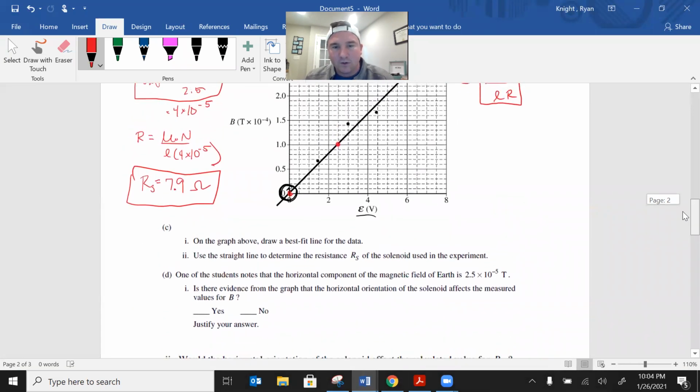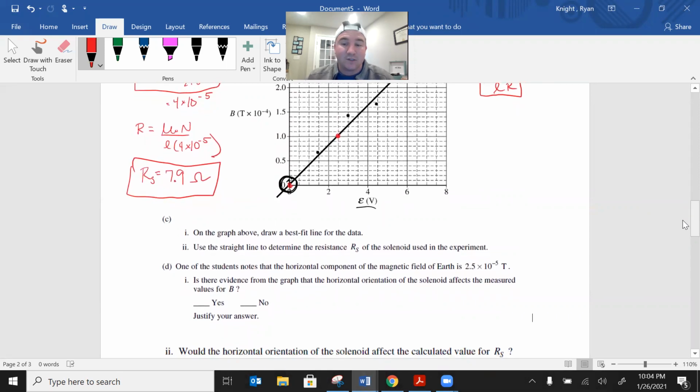One of the students notes that the horizontal component of Earth's magnetic field is 2.5 times 10 to the negative fifth Tesla. Is there evidence from the graph that suggests that the horizontal orientation of the solenoid affects the measured values for B? So basically what they're saying is, well, we have our solenoid going sideways here, right? And we know that the Earth's magnetic field points sideways.